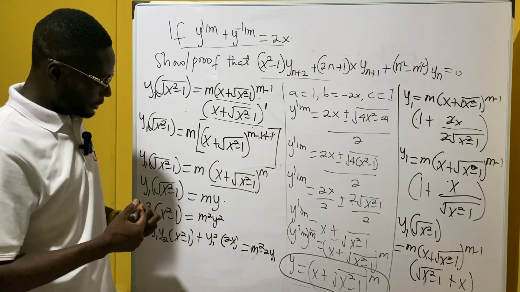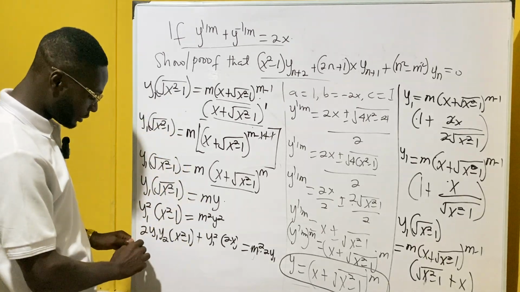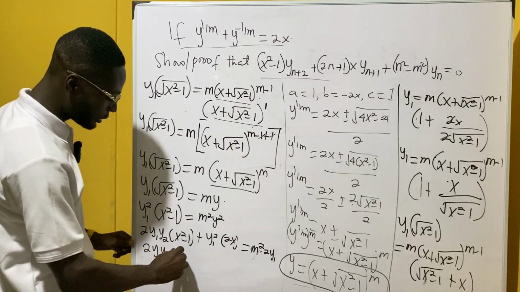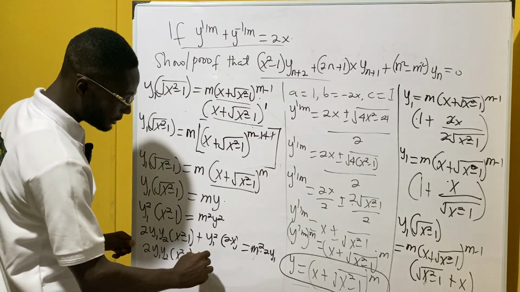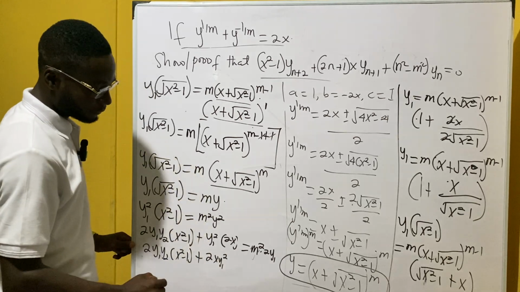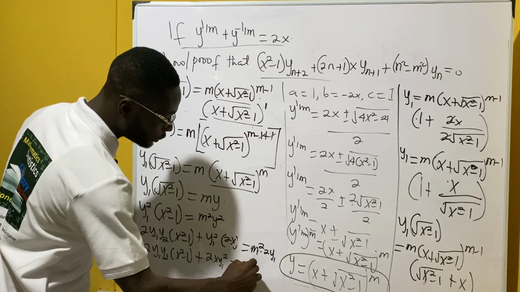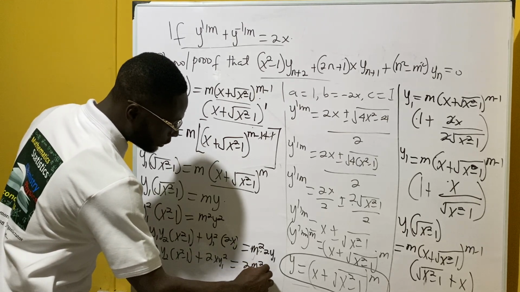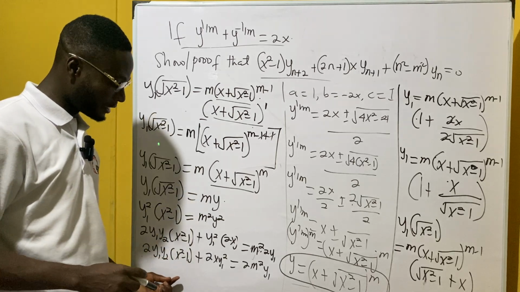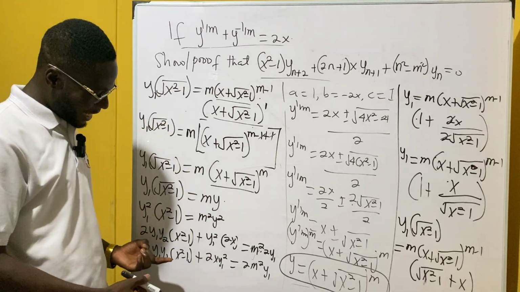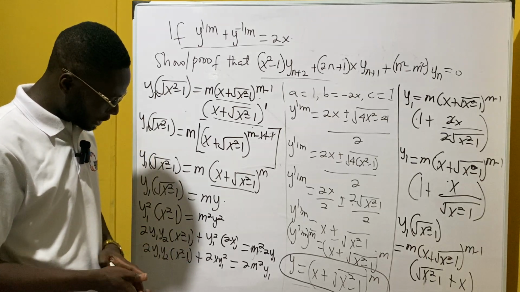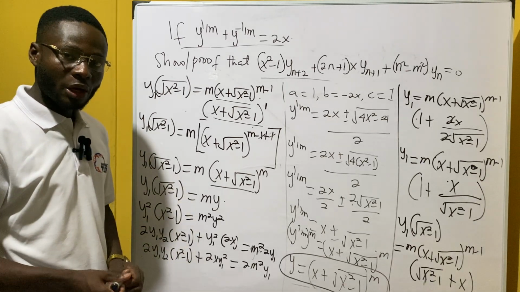So that is it. Now we move on. We are going to have 2y1 y2 (x squared minus 1) plus 2x y1 squared, and that should be equal to 2m squared y1 y, right? So what we have right here, we can now go ahead and divide through by 2y1.